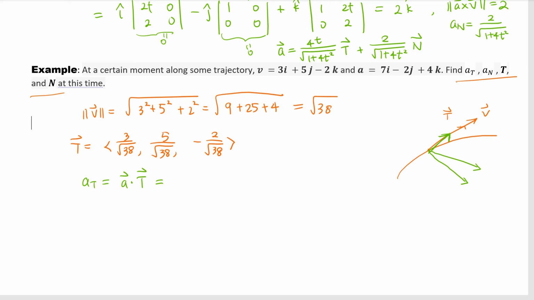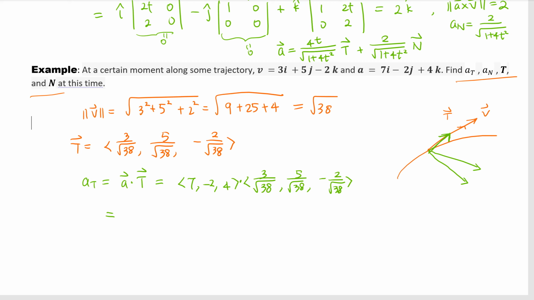Well, a dot t: a is 7, negative 2, 4, dot t, which is 3 over square root of 38, 5 over square root of 38, negative 2 over square root of 38. So what is that?